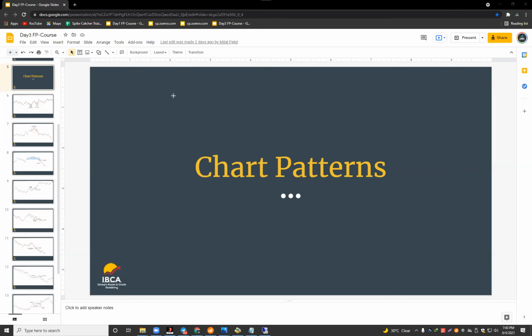If we are on the 5-minute time frame and the chart pattern is a W, like Mithil was talking about, how much time will this area take? Minimum 2 hours, right? The trend will not change immediately. It will take time, 2 hours, sometimes 1 hour, sometimes 1.5 hours, sometimes 3 hours.